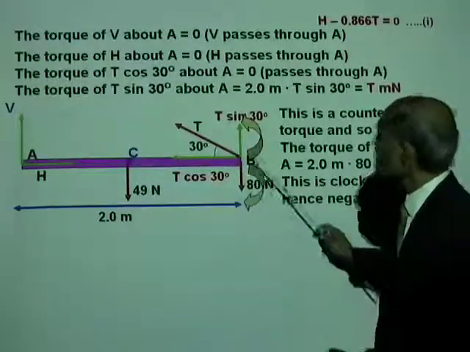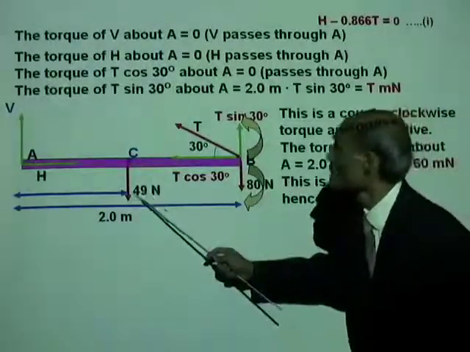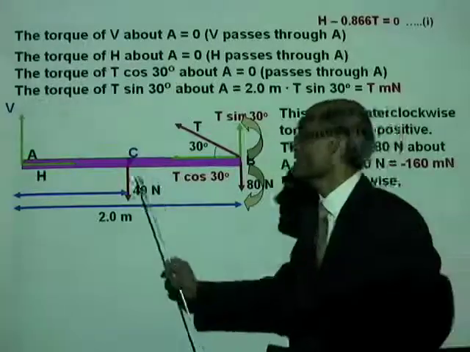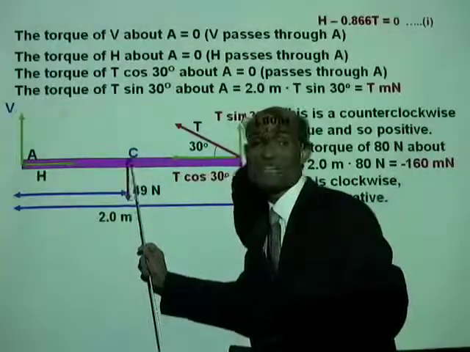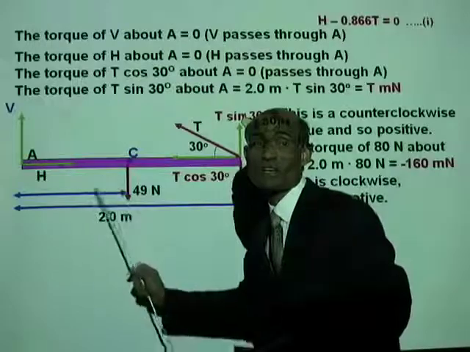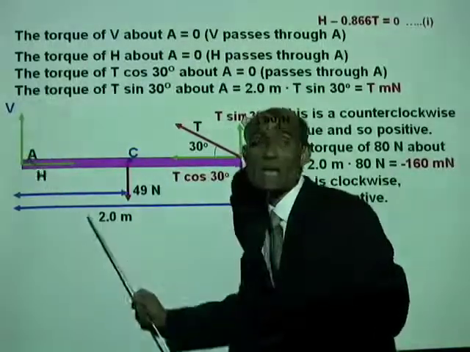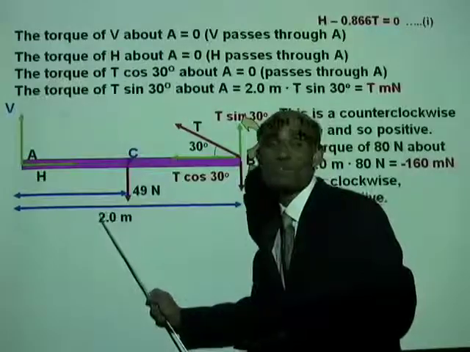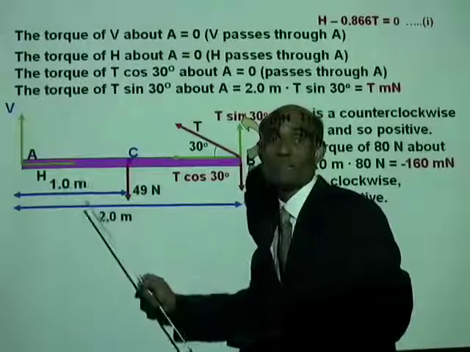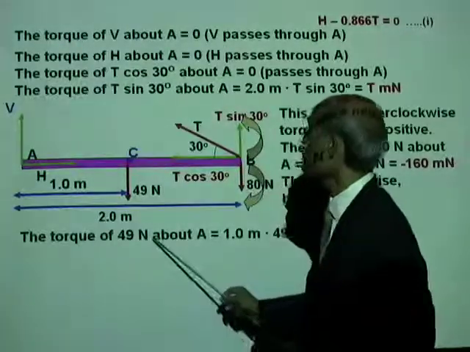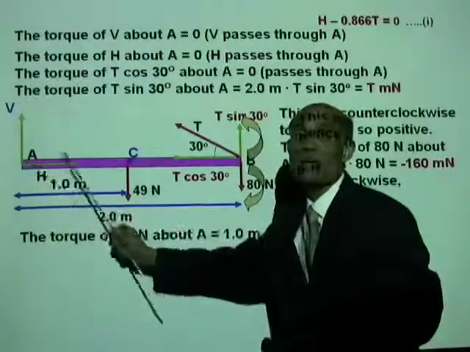Alright, what is the torque of the 49 Newton? You can see 49 Newton is at the point C, and the distance of that C from the point A is half of this 2 meters, 1 meter. What is the torque of 49 Newton about A?